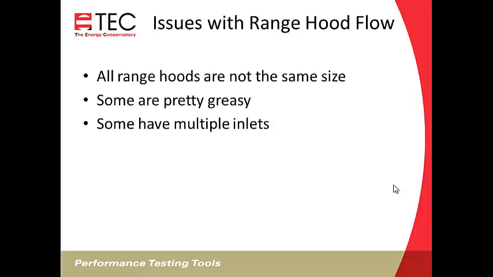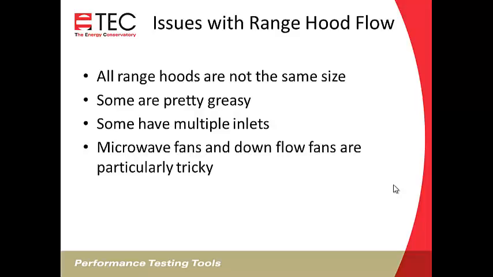You have to be creative on creating a box that will cover that opening and still allow you to get a flow reading. Microwaves and downdraft ranges are particularly tricky, and you'll have to fabricate some kind of specialty device to get airflow measurements out of those types of things.